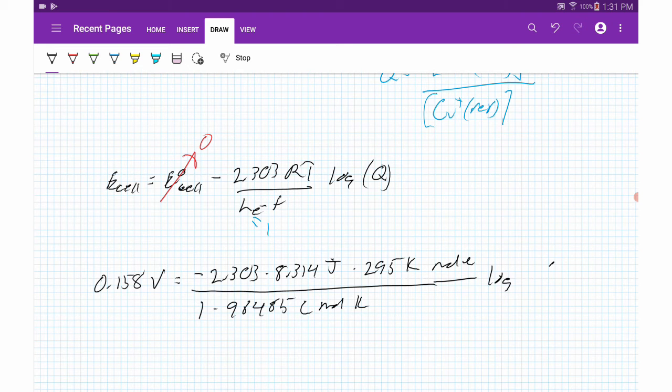Log Q is our unknown copper ion concentration in the test cell over its known concentration in the reference cell, which is 0.5 moles per liter.